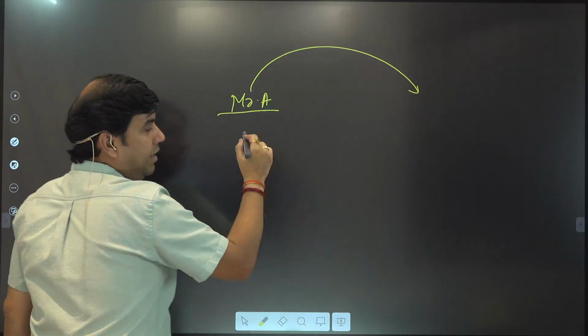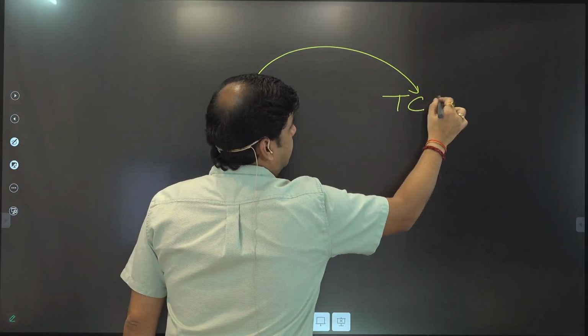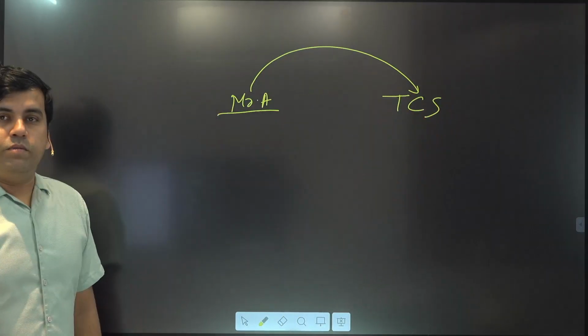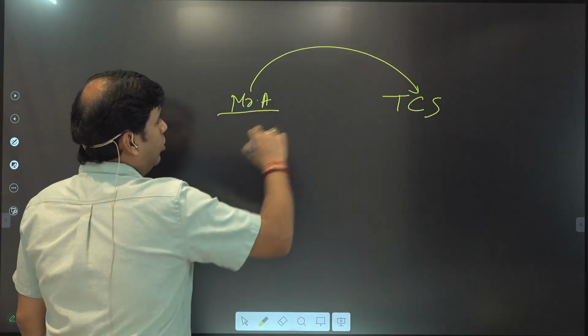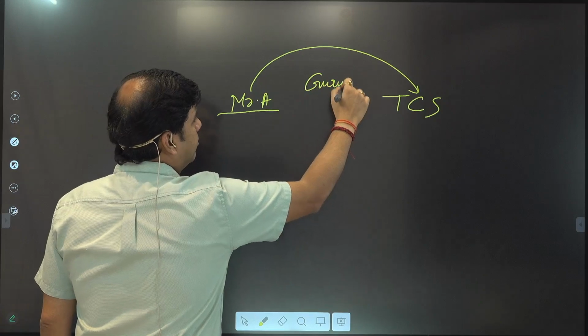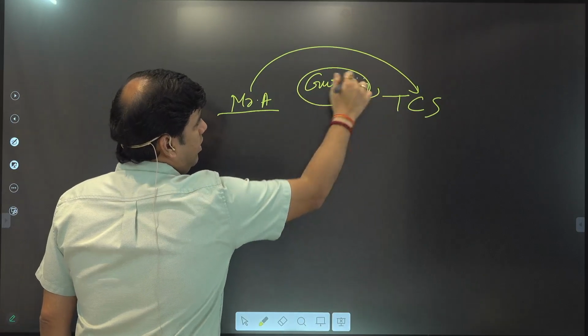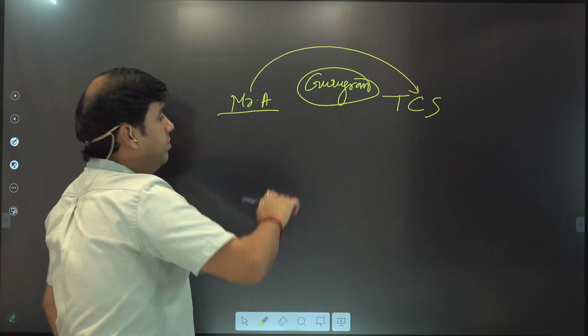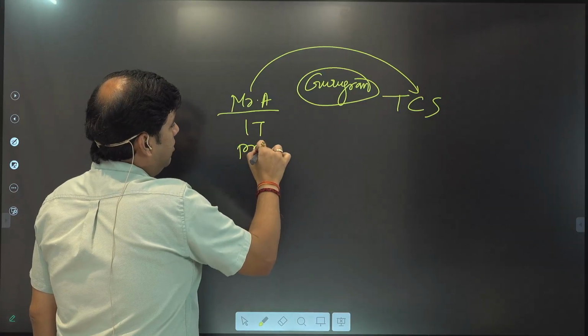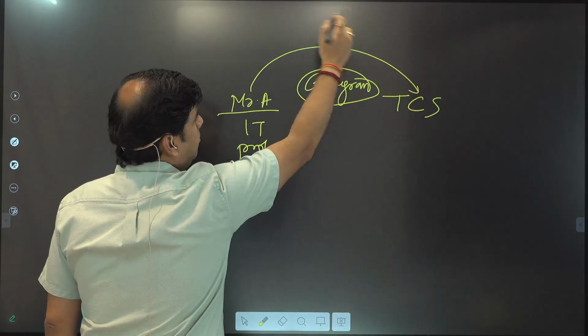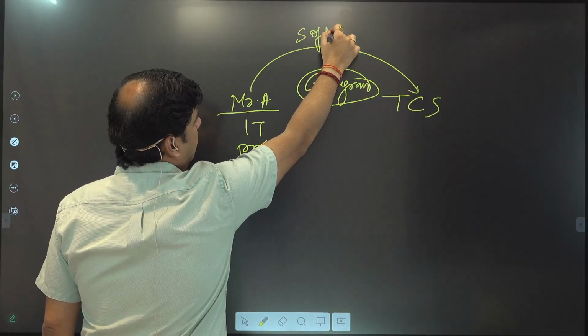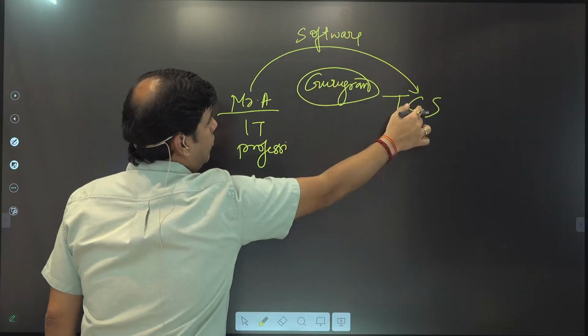So Mr. A, here you have TCS. TCS is Tata Consultancy Services. It's an IT firm in India, right? Both of them are living in Gurugram. The economic activity is taking place in Gurugram. He is an IT professional, right? What does he provide? He provides software, and what does he receive?